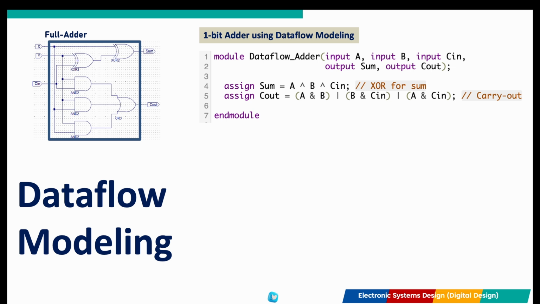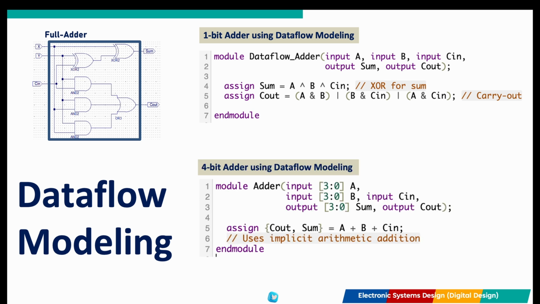Now, watch how data flow modeling simplifies things when we scale this up to 4 bits. Instead of writing out every individual gate for our 4 stages, we use Verilog's built-in arithmetic operators. By using the concatenation operator, the curly braces here, we can group our carry out and sum together as a single 5-bit result.